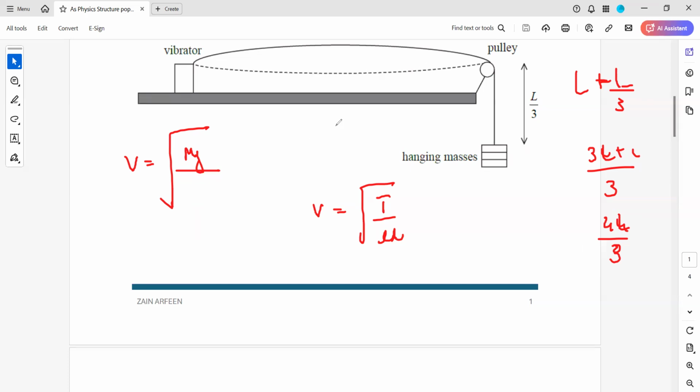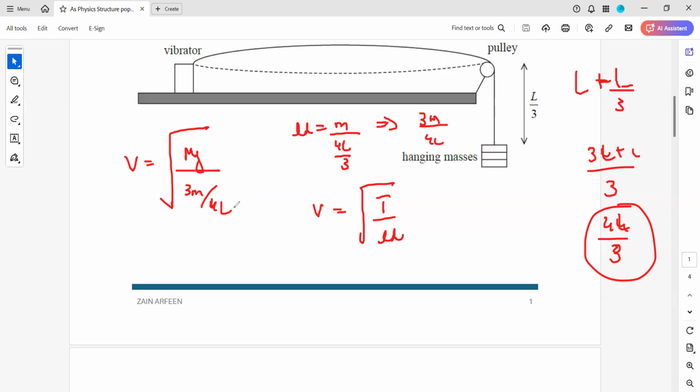Like mu is mass per unit length, so mass of a string divided by the total length. So this will turn out to be 3m by 4l. And you further simplify, 4l will be in the numerator. So it will be 4l mg divided by 3m. That is equal to V.